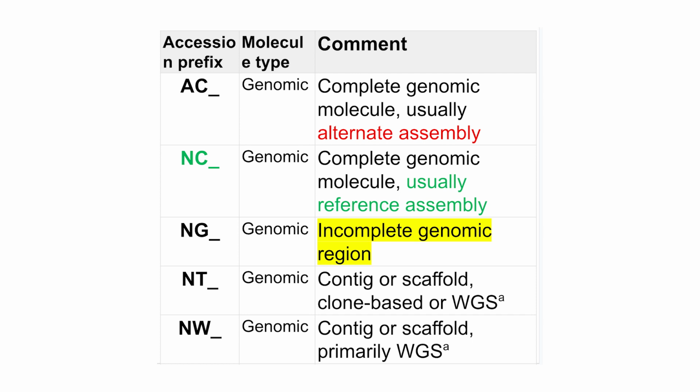Similarly, there is another accession prefix called NC, which is a complete genomic molecule, usually reference assembly, and NG is an incomplete genomic region. Similarly, NT represents the contigs or scaffolds, clone based or whole genome sequences. NW represents the contigs or scaffolds of primarily whole genome sequence, and NZ represents the complete genome.